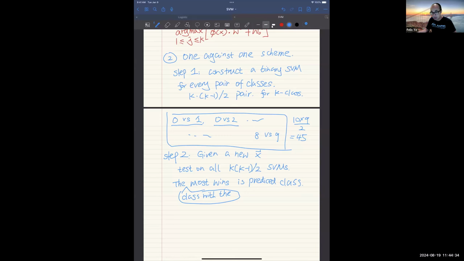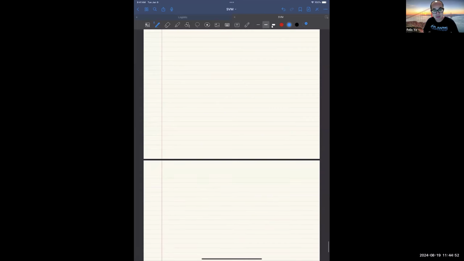Then you count how many wins they have for 0, 1, 2, 3 until 9. The class with the most wins will be the predicted class. But in this case, you have to do this 45 times for the MNIST data set. Okay, so this is the situation if you have to work with multi-class problems.